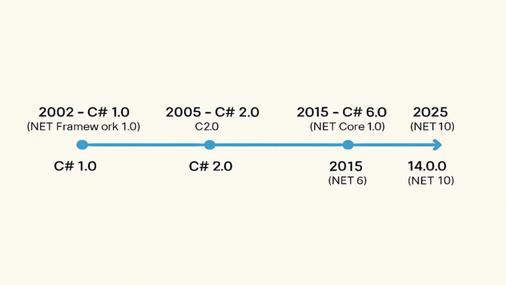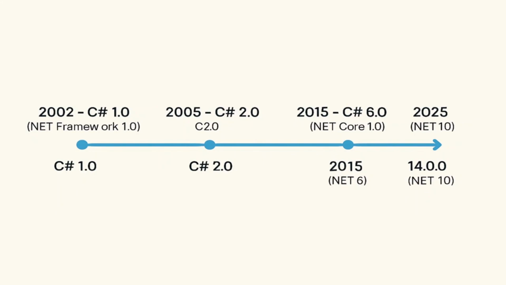Now, if you look at the evolution of C Sharp as well as the .NET framework, the 1.0 was initially the first time .NET came to the market in 2002, then in 2005 they came up with C Sharp 2.0. Between 2005 and 2015, there have been numerous different releases which I haven't put here.